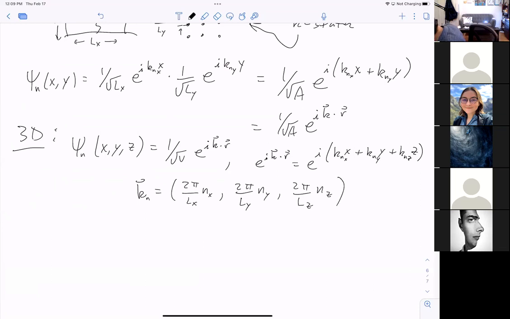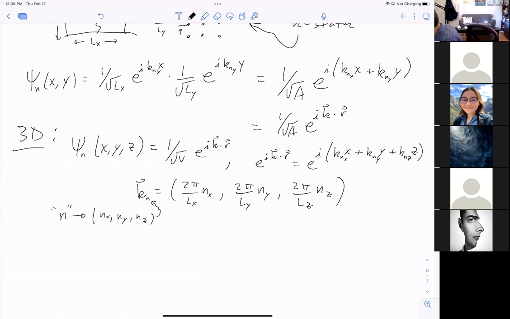So when I say n, I'm really referring to 3 numbers, nx, ny, nz. So it's sort of like there's 3 quantum numbers to the eigenstate, nx, ny, nz.